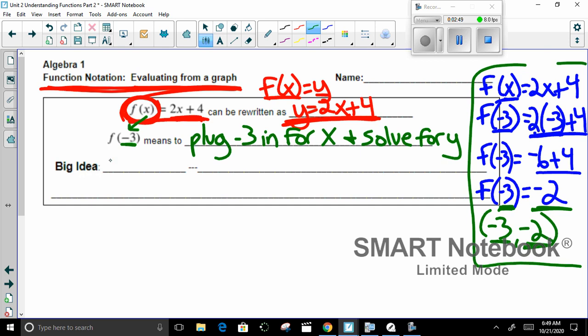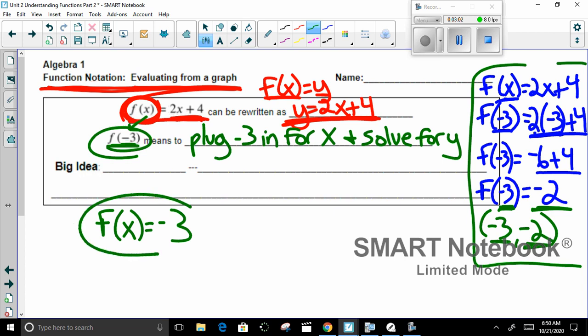Okay, we're going to look at a few more where it says f of x equals negative 3. What is the difference between this one and this one? In this top one, they're telling you that x equals negative 3, and they're saying find y.